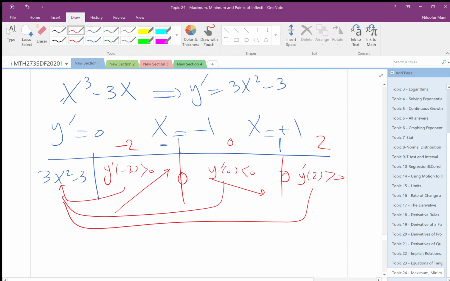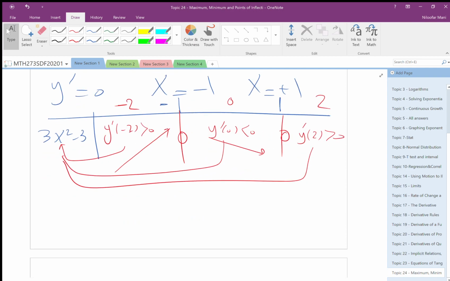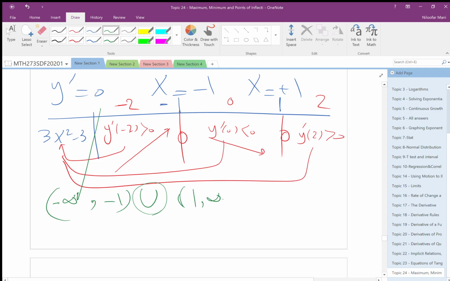So how do I answer? From minus infinity to minus 1, and this means union in math, from 1 to infinity, I have increasing. From minus 1 to 1, I have decreasing. So you can answer this way.